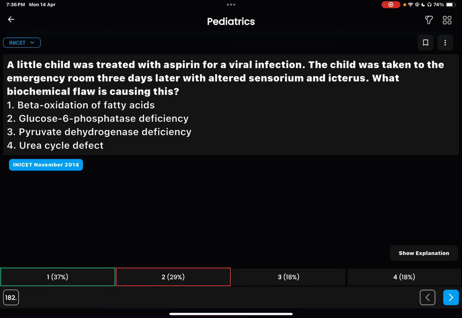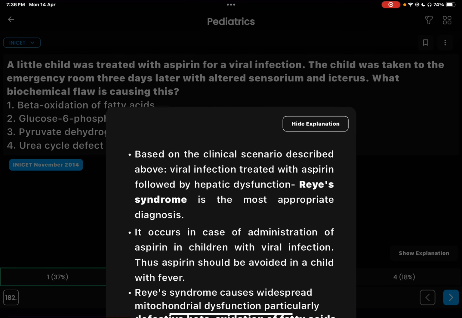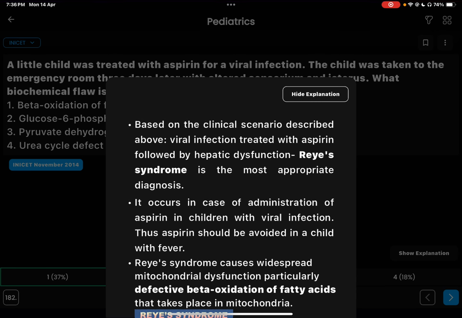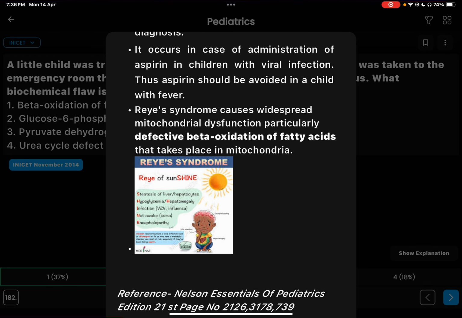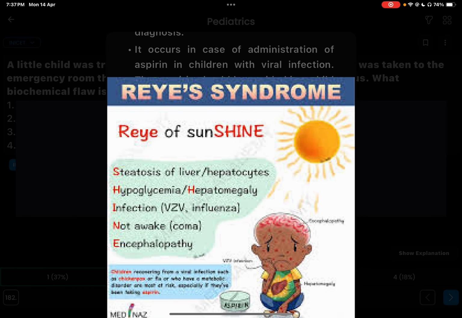Beta oxidation of fatty acids. Reye's syndrome. Widespread mitochondrial dysfunction, particularly defective beta oxidation of fatty acids. That is your question.